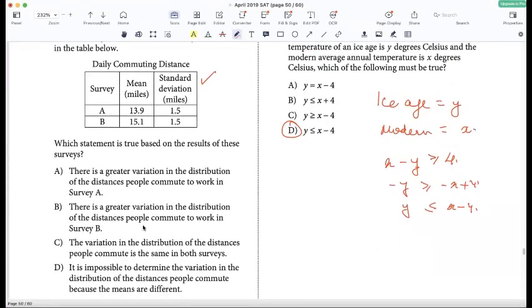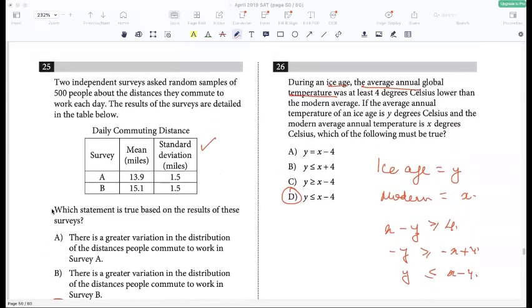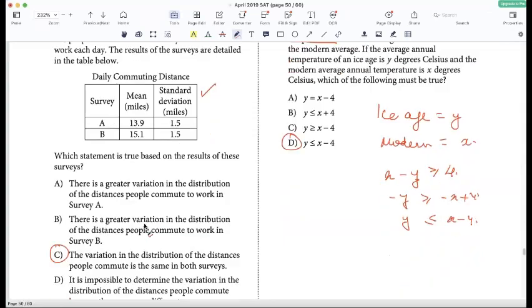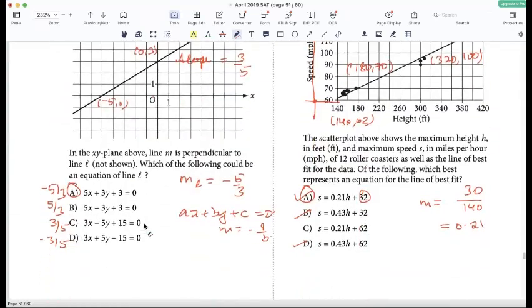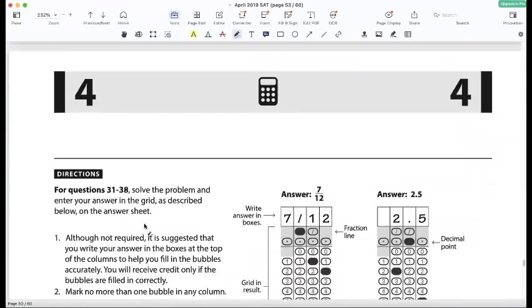Oh, I did mark it. It was C, right? The variation in the distribution would not be different. Yeah. So this is C. This was which question? 25. Okay. DAADD.